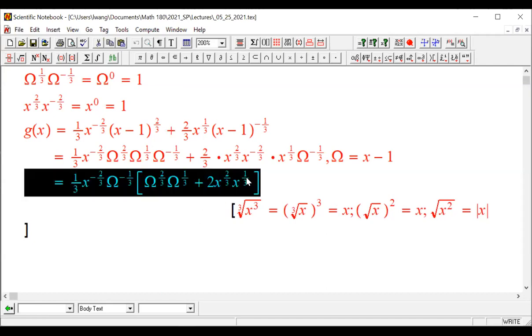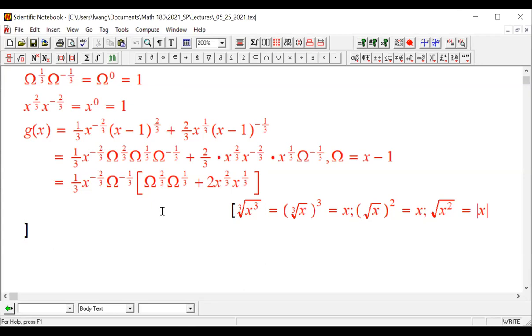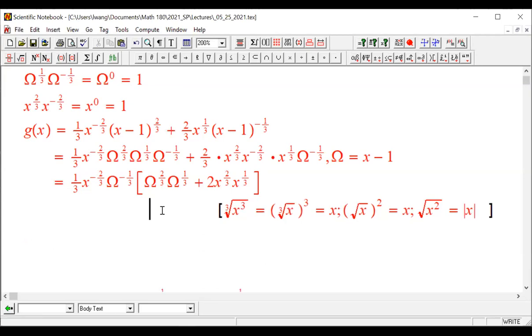Okay, so now what do we got? This is what we got. This piece, you have the base omega, 2/3 plus 1/3. It's just going to be omega. X raised to the power 2/3 multiply x to the power 1/3, 2/3 plus 1/3, that's going to be just x.